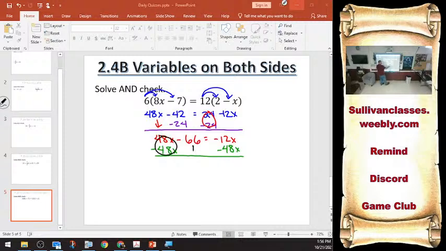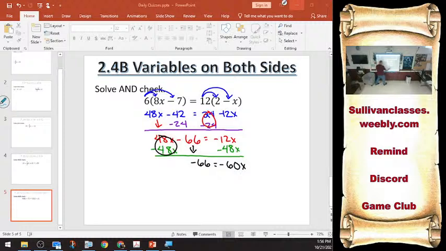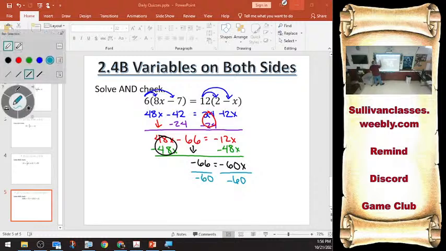Zero that out. Say I've got a negative 66 is a negative 60x. I'm going to divide. And if I'm showing every stage of this, I forget who it was, someone came in asking about these problems. Why is this thing always wrong?